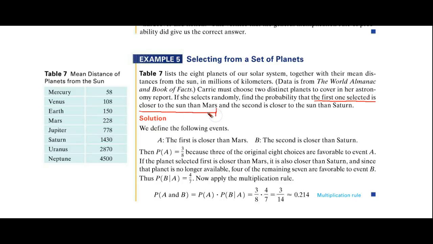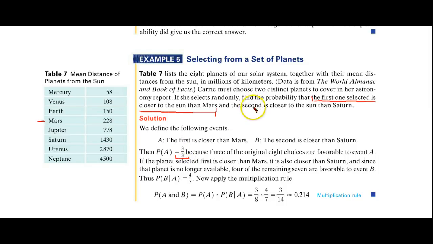So that's our first choice here. So here's Mars. So Earth, Venus, and Mercury are closer than Mars. So this would be 3 out of 8, which is what we get right here.